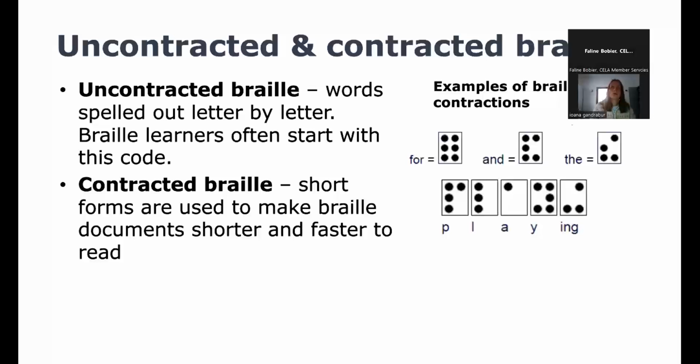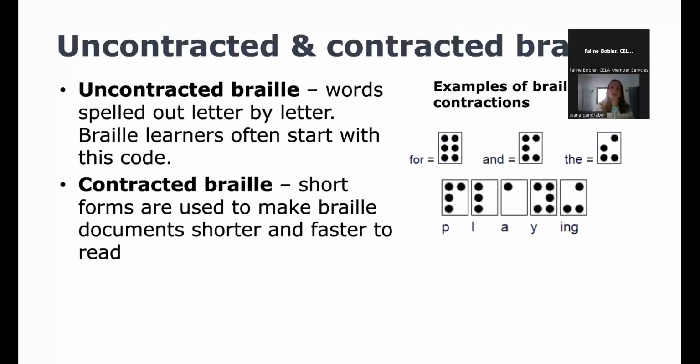So you can see that the advantage of using contracted Braille is that it makes reading faster, because the information is more compacted under your fingers. Also, especially when you're embossing Braille on paper, because the characters are larger, it generally takes many volumes for the same book.